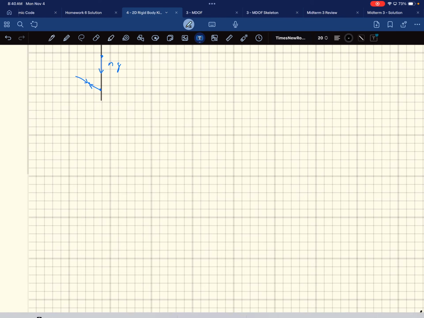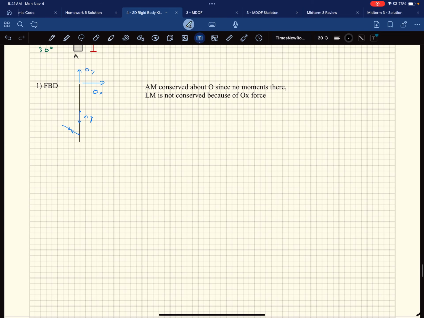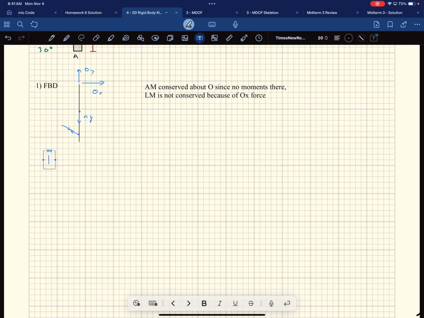So then the equations I get to write down, I just have the angular momentum equation. I guess that's part of step 2, to be consistent here.